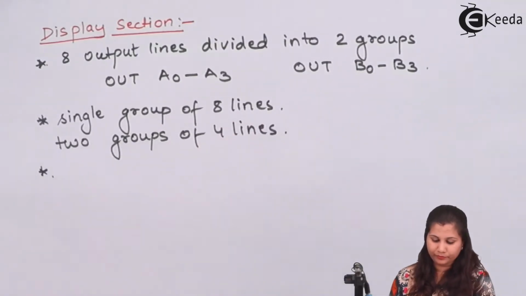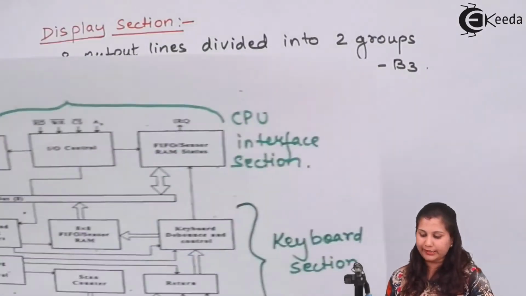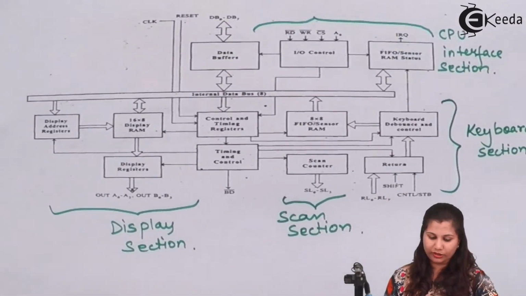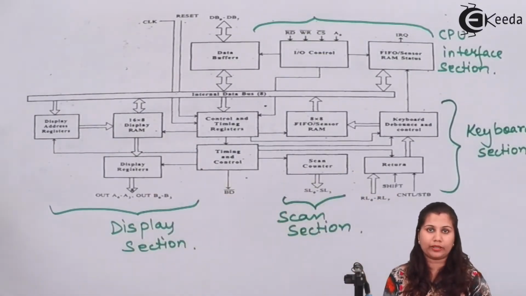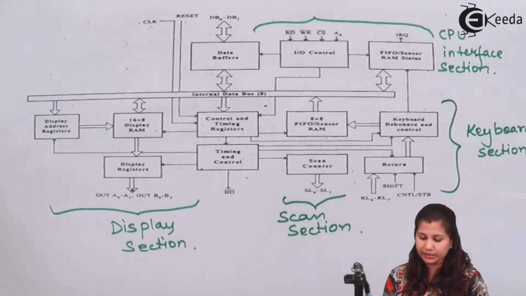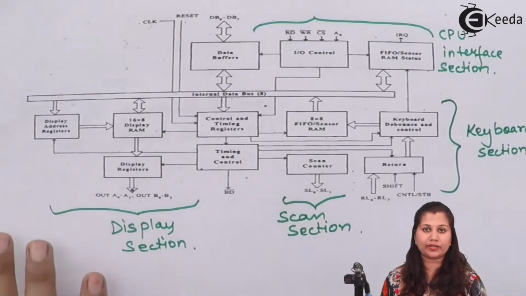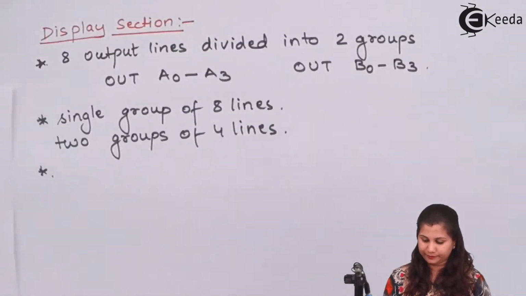These output lines can be used in conjunction with the scan lines for a multiplexed display. Now next we have the display address registers.